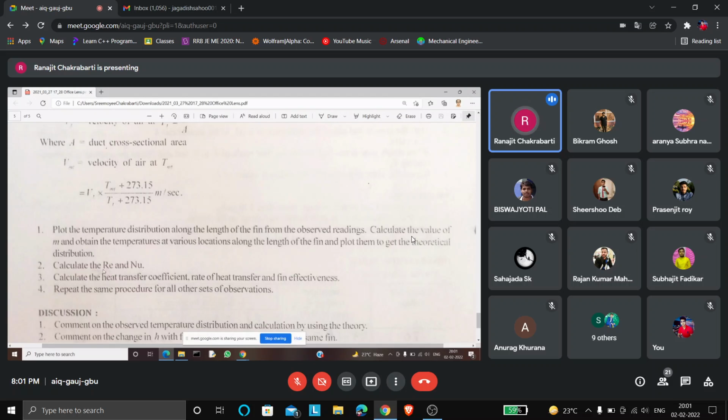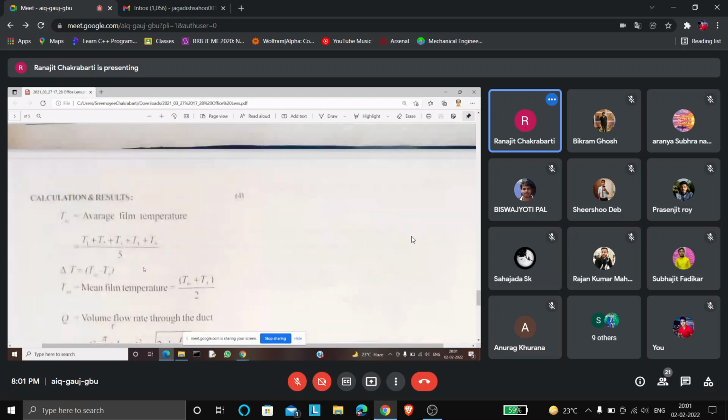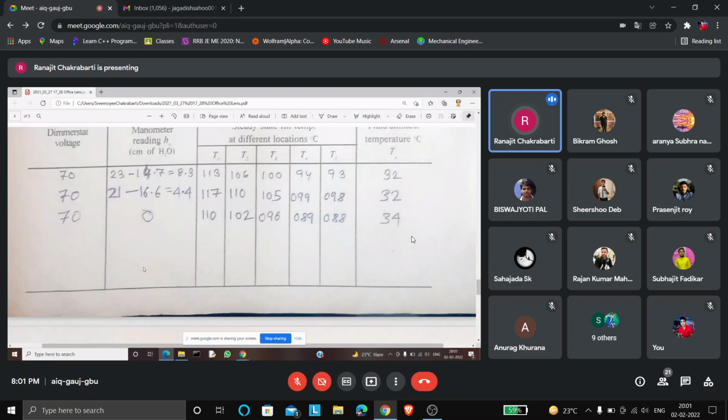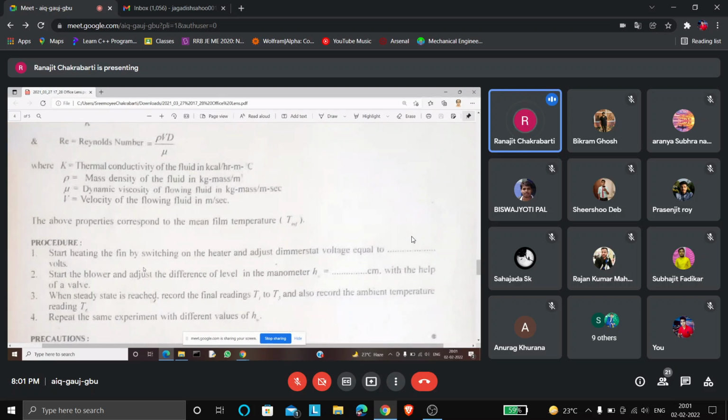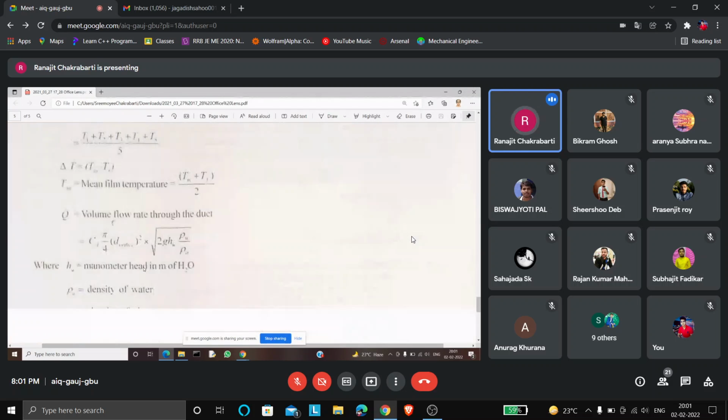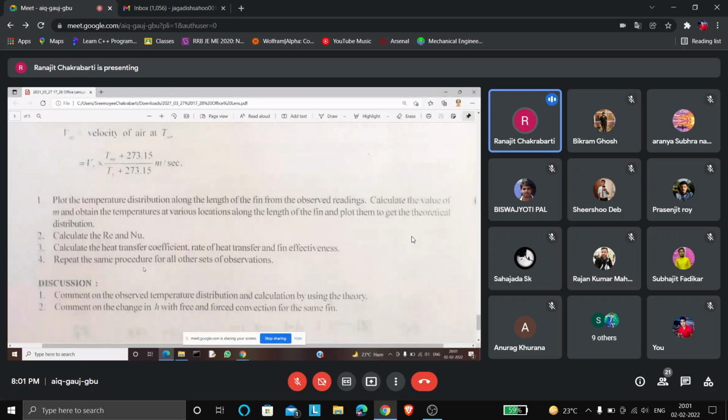And secondly, Reynolds number and Nusselt number can be calculated from the relation that you have to show, and calculate the heat transfer coefficient. Knowing the Nusselt number, rate of heat transfer Q dot is also known. Fin efficiency and effectiveness, both you have to do.